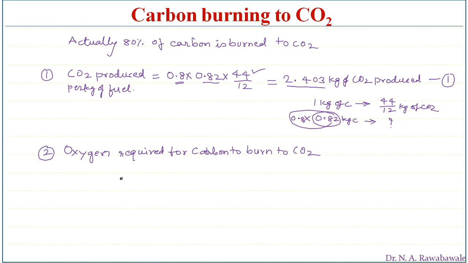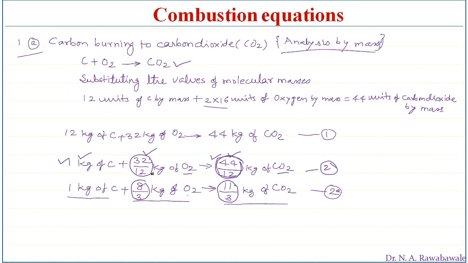In the previous equation we have seen it requires 32 divided by 12 kg of oxygen to burn 1 kg. If we burn less than that, the oxygen required is also less.